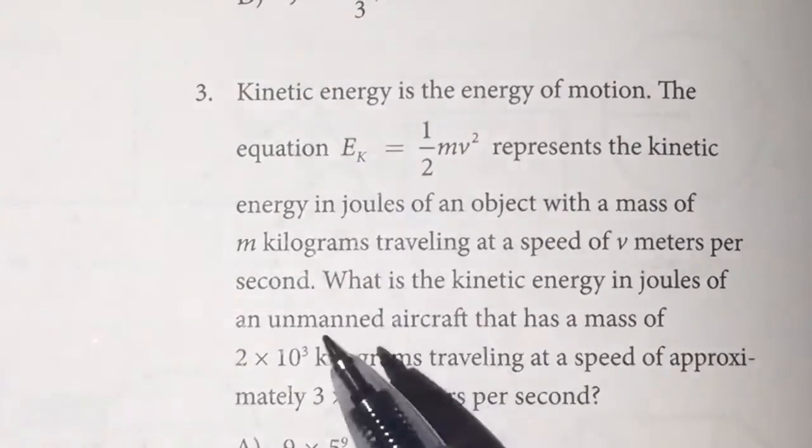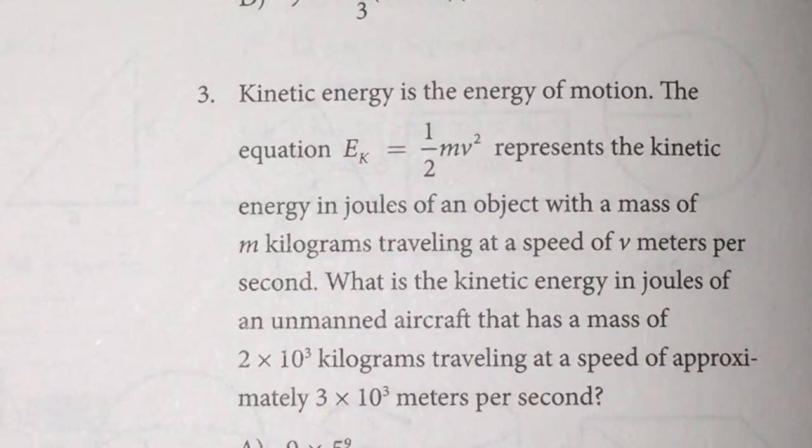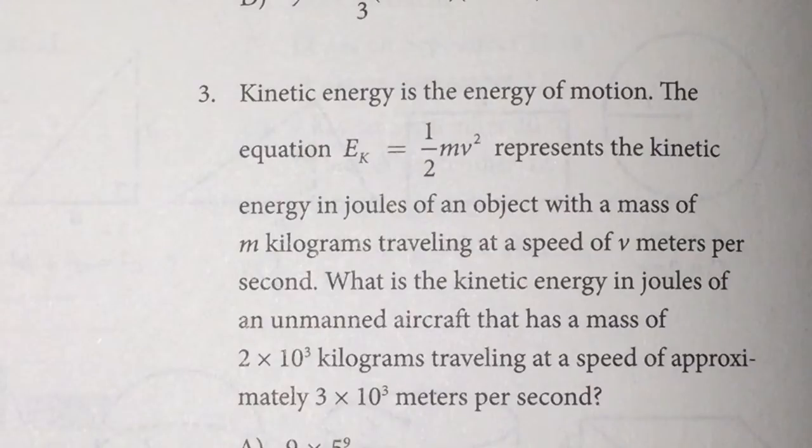Question number 3. Kinetic energy is the energy of motion, not emotion. Our emotion does not have that much energy. The equation E_K equals half of m times v squared represents the kinetic energy in joules of an object with a mass of m kilograms traveling at a speed of v meters per second.